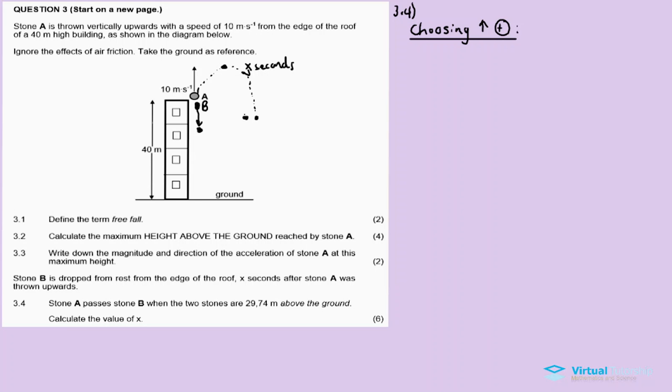I think this gives some clear understanding. Now point B after some seconds, right?